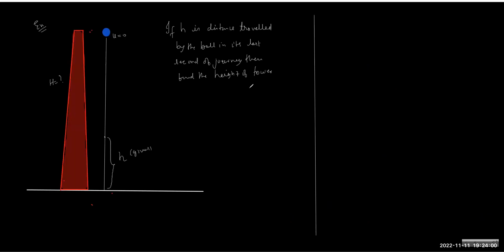System of particles. Okay, so before you solve this question, can you simply solve this question? Because this will help you in solving the previous question. A ball is released from height capital H. So released from rest.